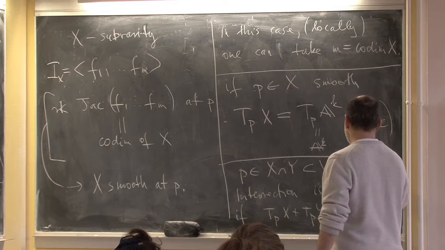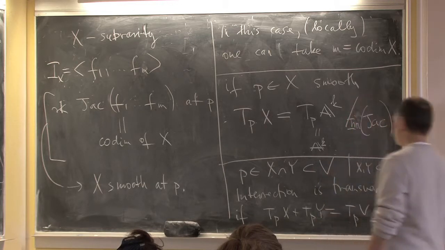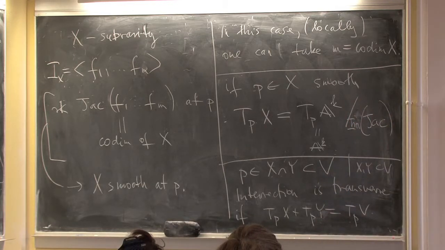What I meant is that both X and Y are in V here. Okay, so that was a definition for transversality that I used last time to define intersections.